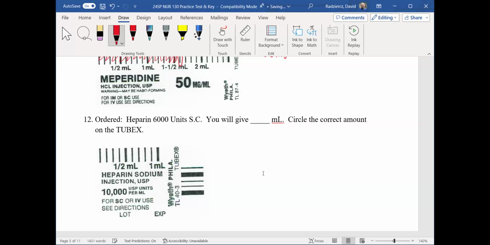So what would you put as your, or which milliliter would you mark on your tube X?